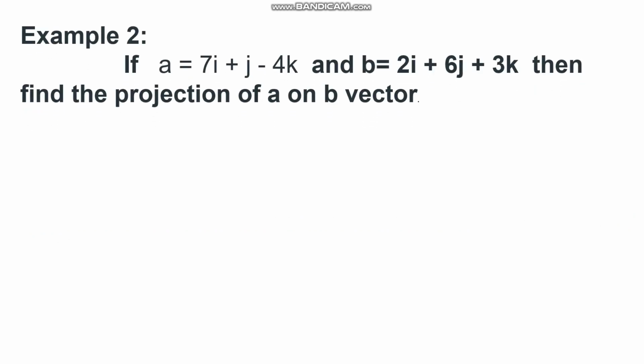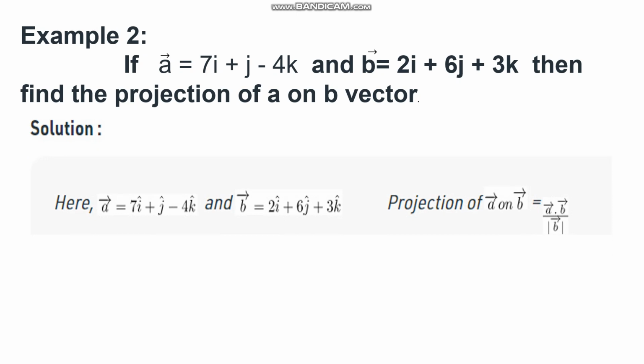And for the next one, example number 2: if A is equal to 7i plus j minus 4k, and B is equal to 2i plus 6j plus 3k, then find the projection of A on B. As the solution, here we have the values for A and B. As the formula for finding the projection of A on B, we have this one on the left side.